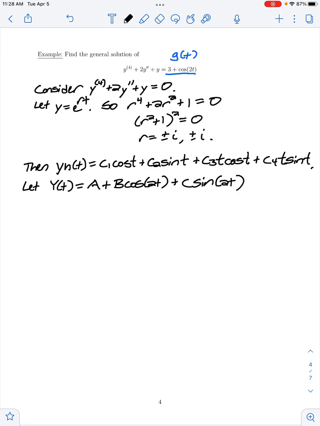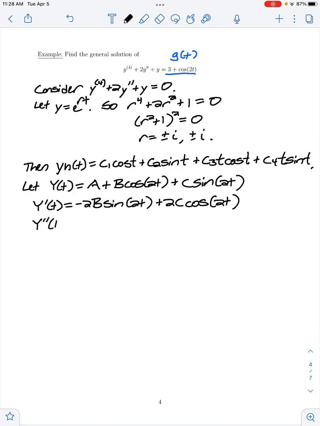Now to substitute this into our non-homogeneous equation, since it's fourth order, again we need to find our first four derivatives. So starting with y prime, we would have a negative 2b sine of 2t plus 2c cosine of 2t.